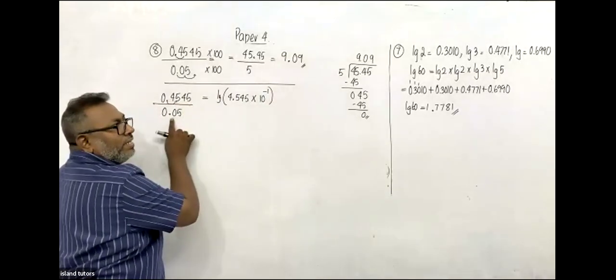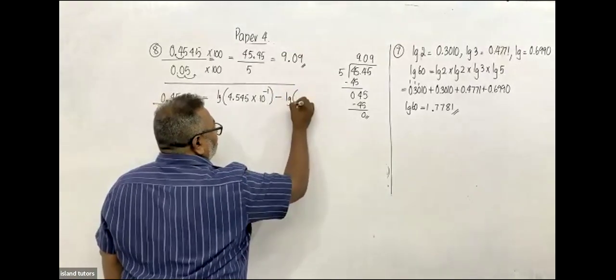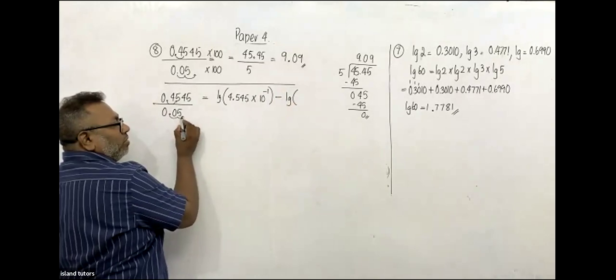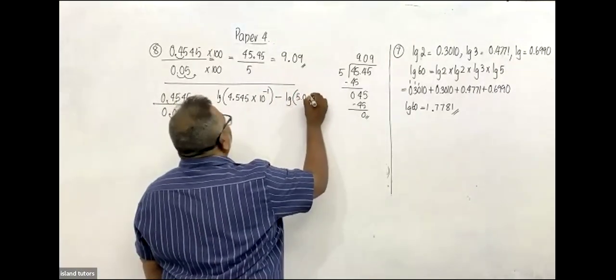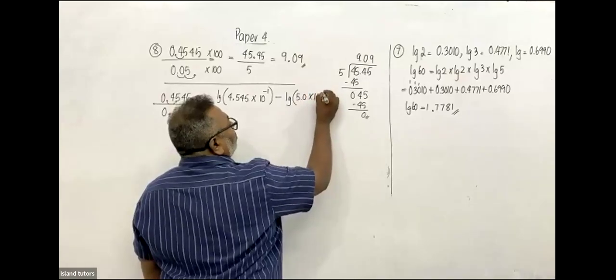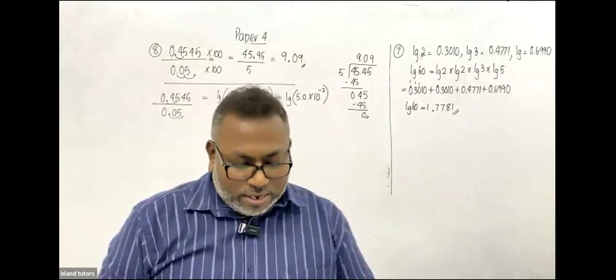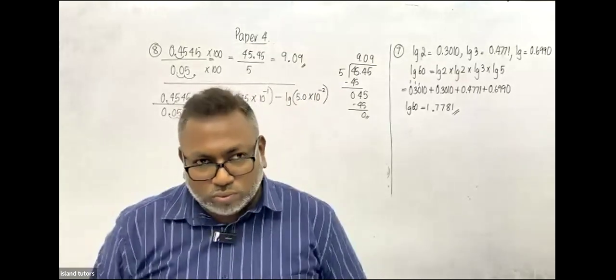Divisions, we write as subtractions. So minus log. You're going to move your decimal point 2 times to this side. So 5.0 into 10 to the power minus 2. Got that? 10 to the power minus 2.